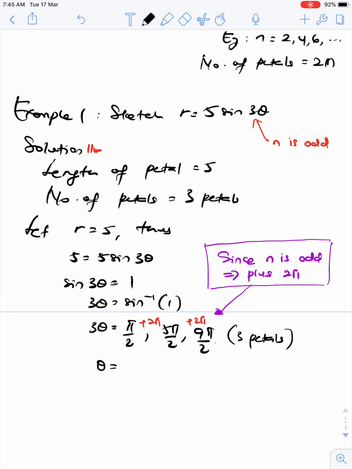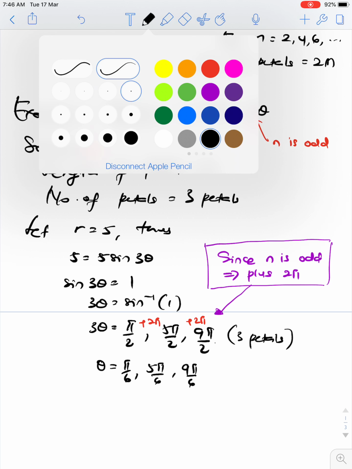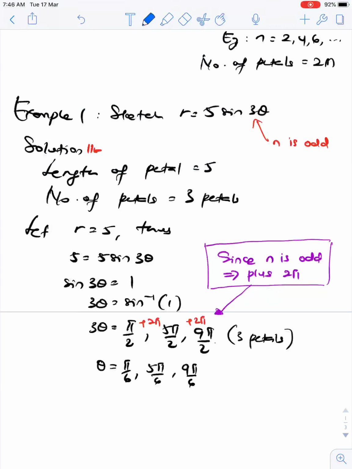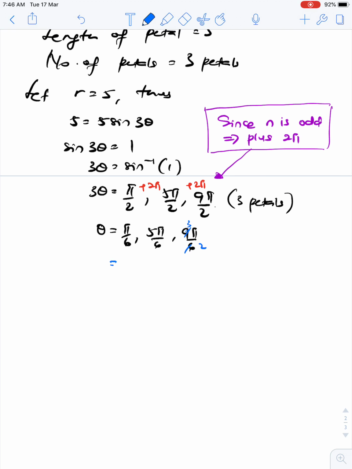Next you have to divide everything by 3, so we have pi over 6, 5 pi over 6, and then 9 pi over 6, which is equivalent to 3 pi over 2. Equivalently, these angles are pi over 6 which is 30 degrees, 150 degrees, and then 3 pi over 2 which is of course 270 degrees.